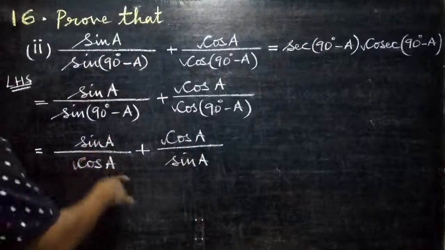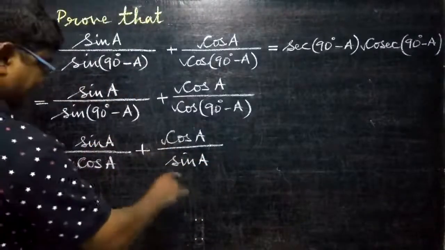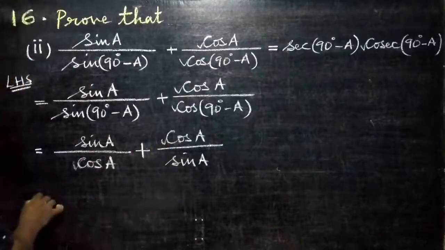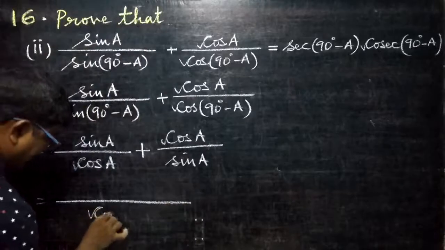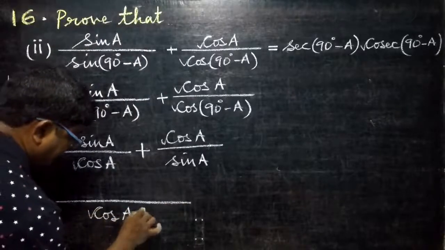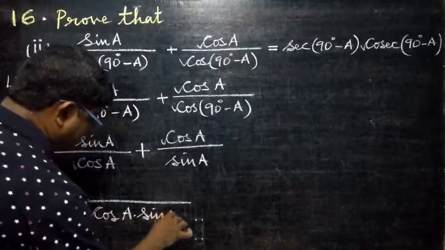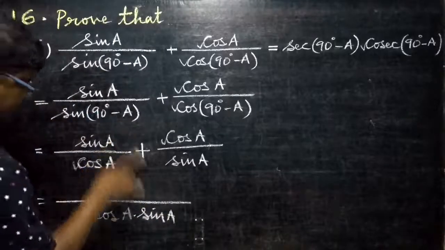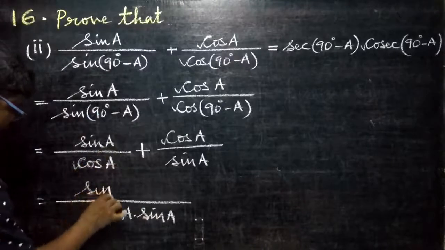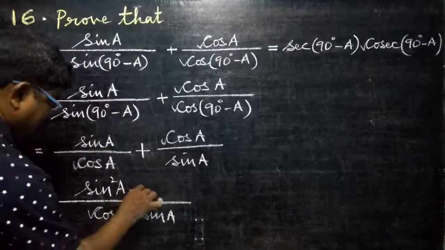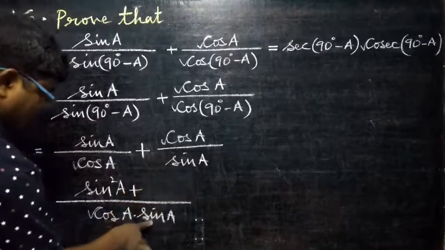Now, whenever adding fractions, we will use the method of LCM. So here the LCM is cos A into sin A. Cos A, how many times does it go? Sin A times. Sin A into sin A is sin square A. Plus, sin A, how many times does it go?